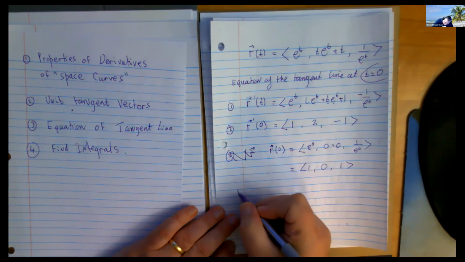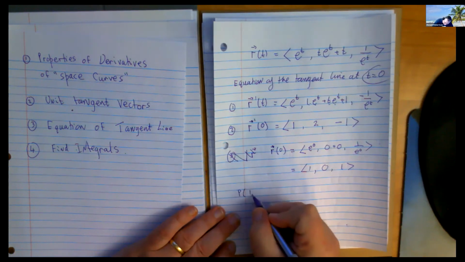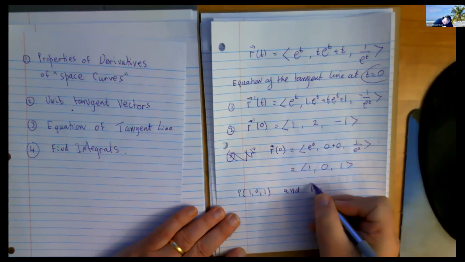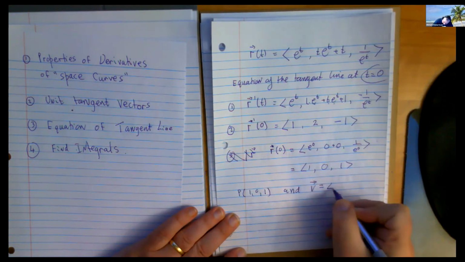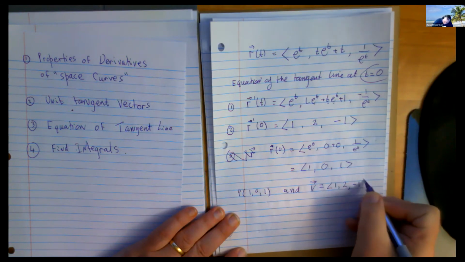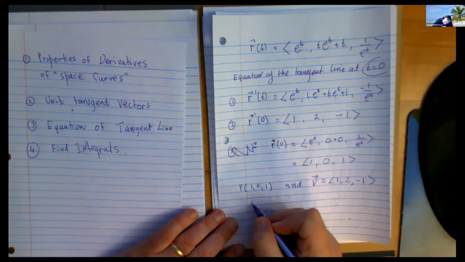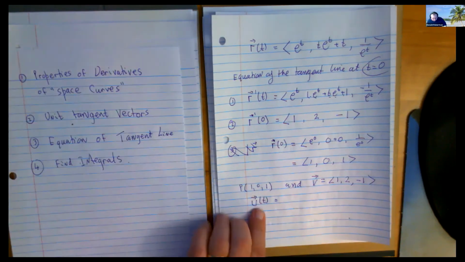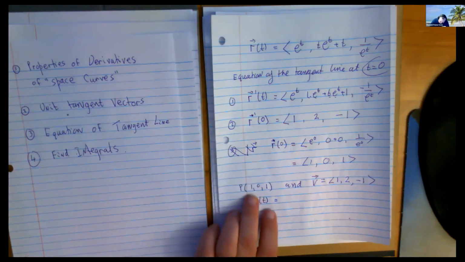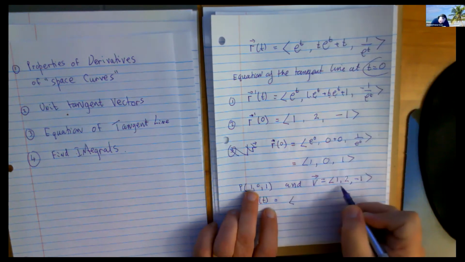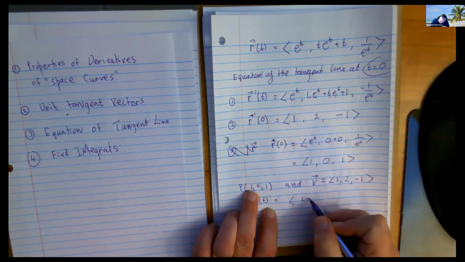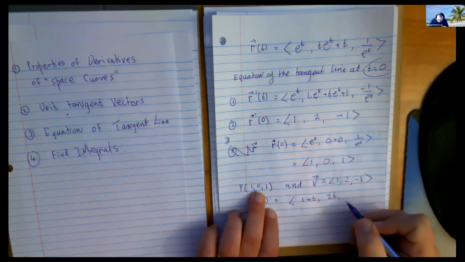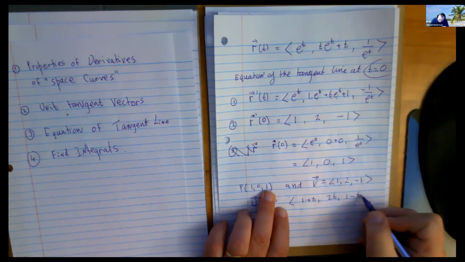So we have the point 101, and the derivative tells me that the direction of this line is that. And if you want to put them together, the equation of the line, which I'm calling u of t, is 1 plus 1t, nothing plus 2t, and 1 take away t.